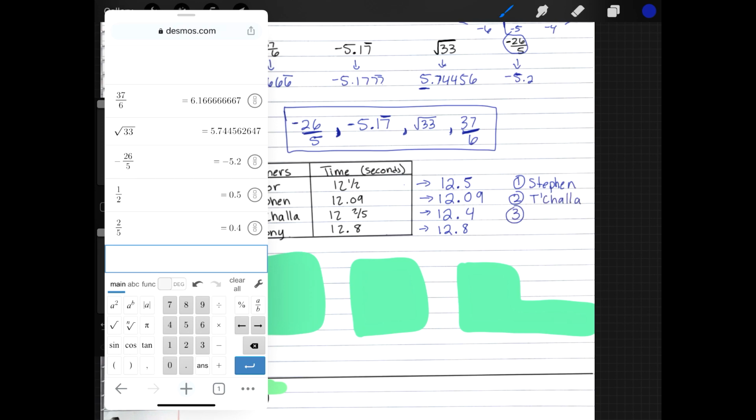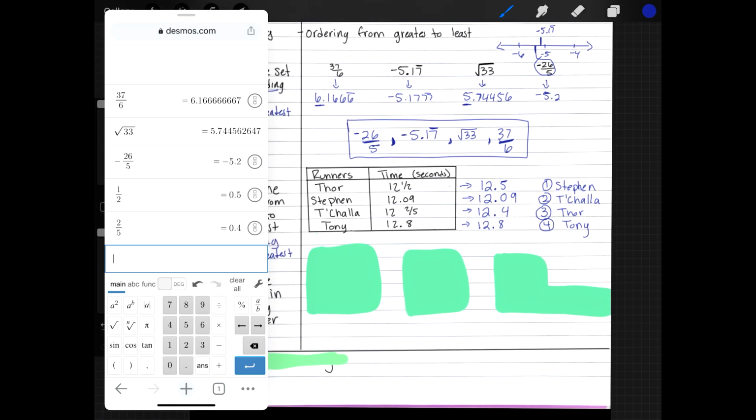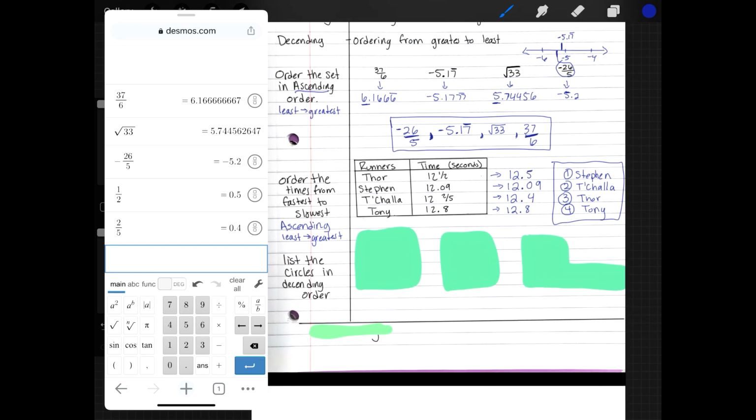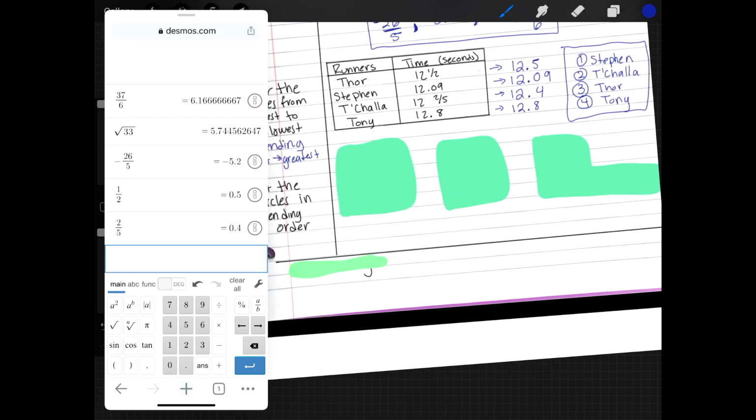And then third place was 12.5, which was Thor. And then the fourth place, last place, was Tony. All right. And that is our order from least to greatest in time.